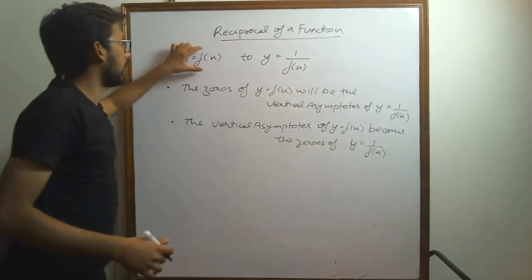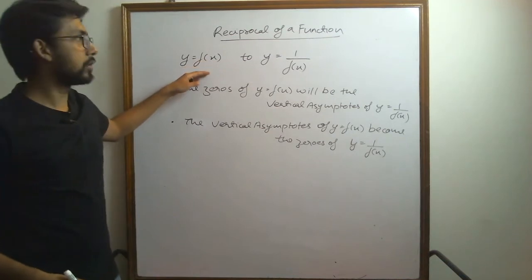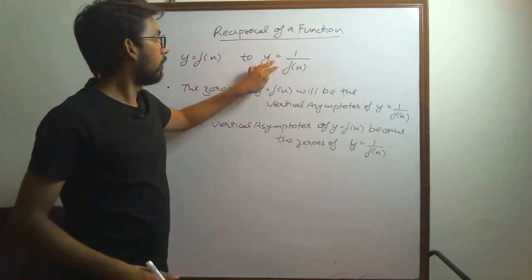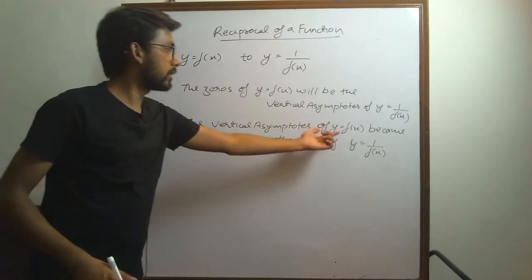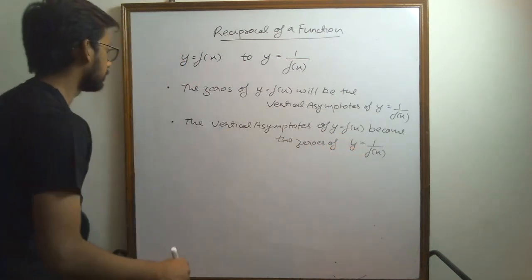Of course, wherever this is not defined, the denominator is equal to 0, that means on taking the reciprocal of that, y will be equal to 0. That's why the vertical asymptotes of this function become the zeros of the reciprocal function.